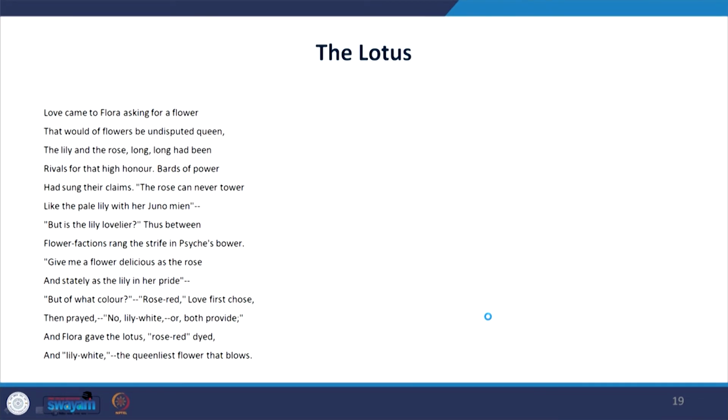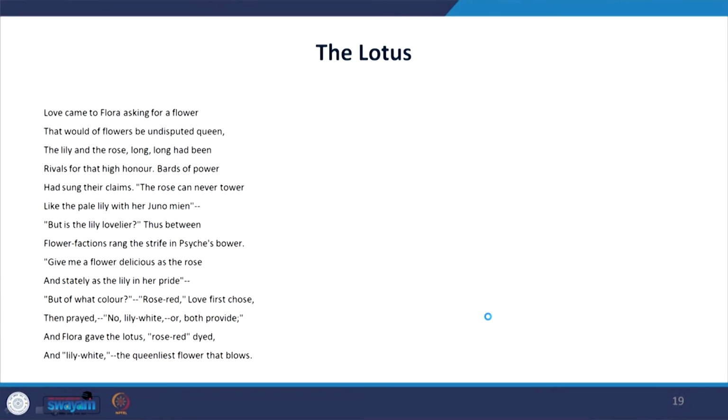And here we find how Toru Dutt in a very exquisite manner tries to say that the Indian flower lotus has its own importance. And she says, love came to Flora asking for a flower that would of flowers be undisputed queen. The lily and the rose long had been rivals for that honor.